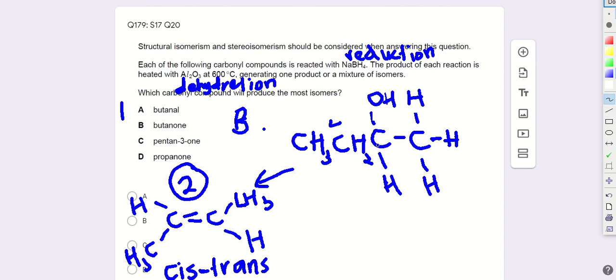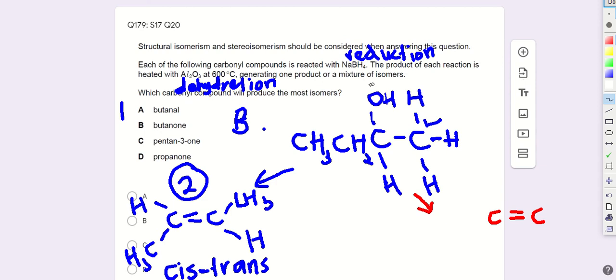Now right hand side. Now remove the hydrogen from the right hand side carbon. This time, probably use a different color. So this time I will get a double bond between these two carbons instead.